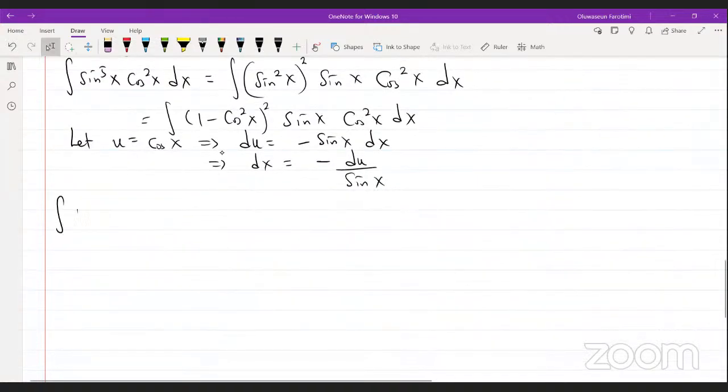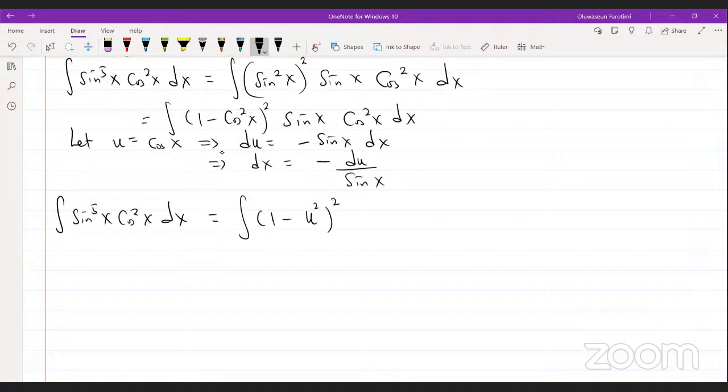All right, so where do we go from here? Remember, we're actually dealing with this problem. So now, where are we? So this is the integral of 1 minus, this is going to be a u squared, right? You have a square here. Then you have a sine x. Then you have a u squared, right? You're replacing every cosine x by u, so you have cosine squared as u squared.